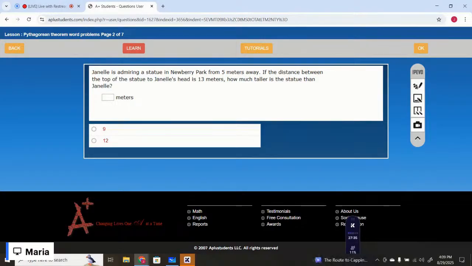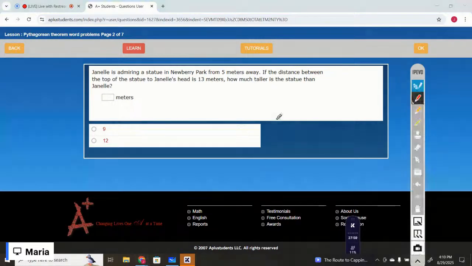If the distance between the top of the statue and Janel's head is 13 meters, how much taller is the statue than Janel?